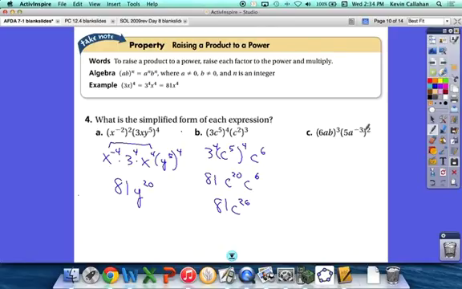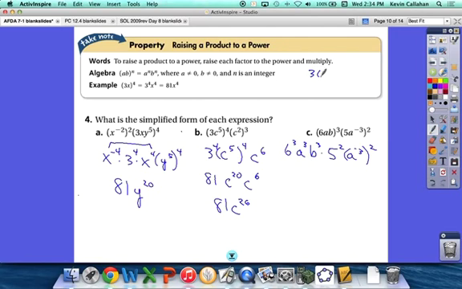Okay, now both sets of parentheses have more than one factor inside. So we need to take this 6 to the 3rd, a to the 3rd, b to the 3rd, and 5 squared, a to the negative 3 squared. Then simplify what we can. What's 6 times 6 times 6?